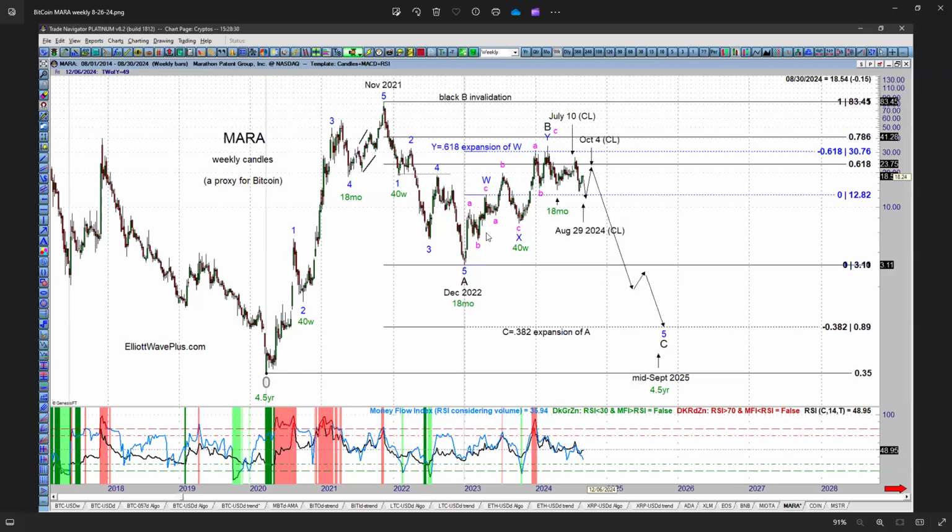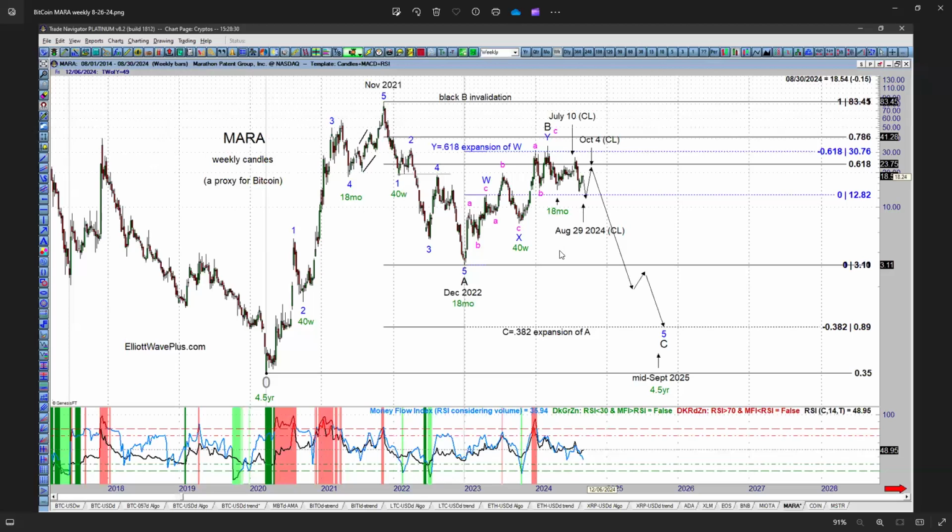I think it's very interesting that on Mara from November of 2021, which was the all-time high in Bitcoin, we got a 5-wave down structure, 1, 2, 3, 4, 5. And that has been followed by choppy, overlapping, corrective price action. So that is not bullish. So why would Mara not be bullish, but Bitcoin would be bullish?